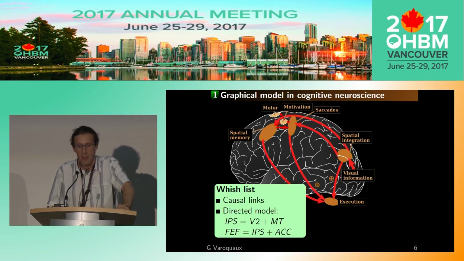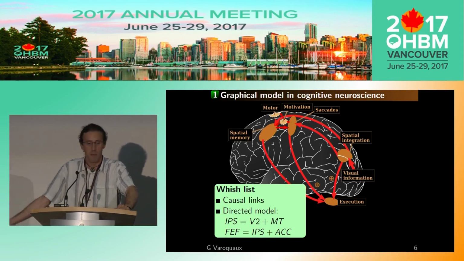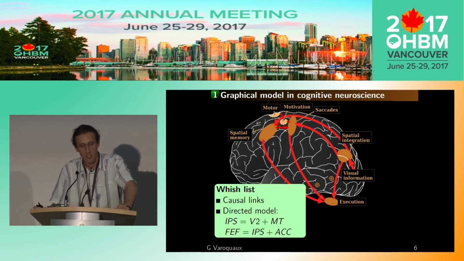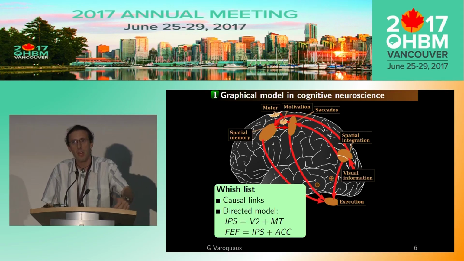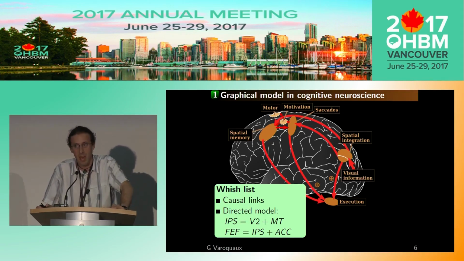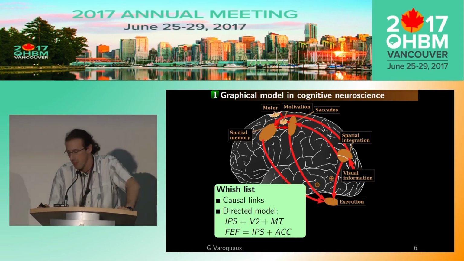So the idea that the visual information is manipulated in a spatial integration module, that then there's information flow that goes from there to a module that controls saccades, and eventually it loops back to behavior. If we want to put maybe a bit of a generative model on this, we would have a directed model where the signal of one region is given as a function of the signal of other regions.